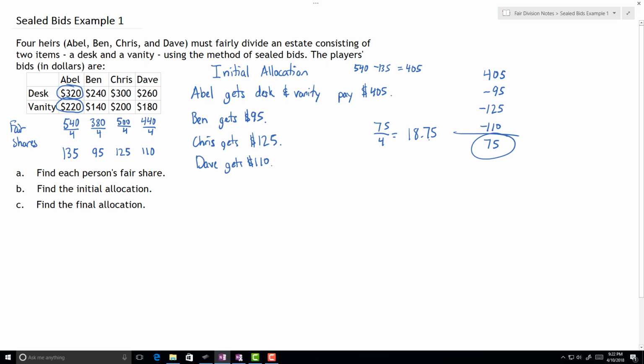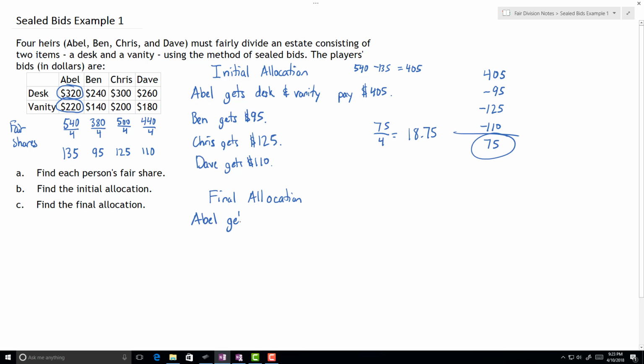Since there was excess in the holding pile, everybody gets $18.75. So now when I go to the final allocation, I'm going to give everybody back $18.75.